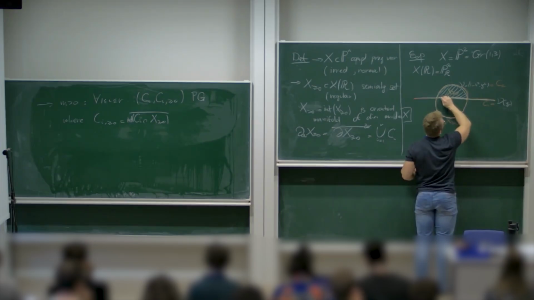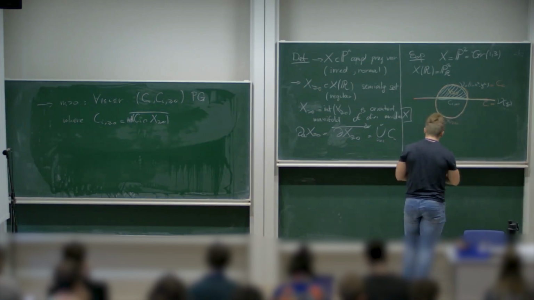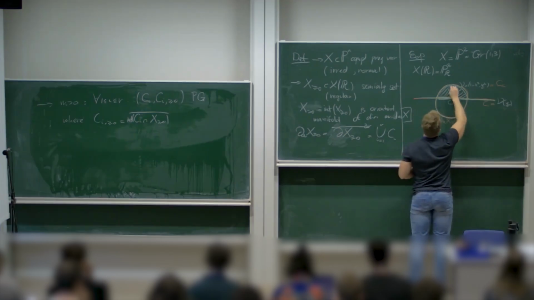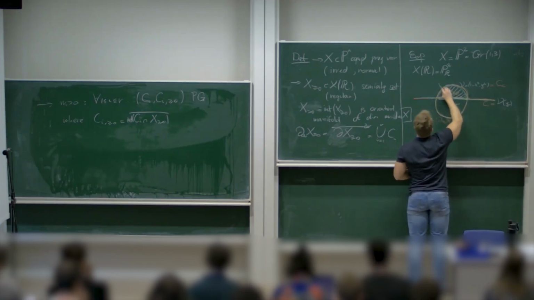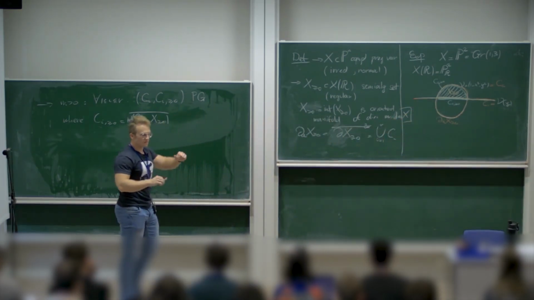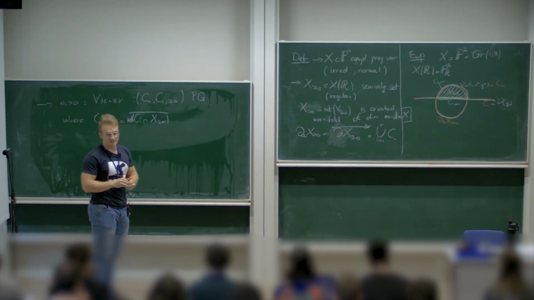So for C1, I'm getting this. This is C1 greater or equal than 0, and for C2, I ran out of colors, this is C2 greater or equal than 0. So I'm intersecting the components of the algebraic boundary with the semi-algebraic set, and I'm getting some new semi-algebraic sets.